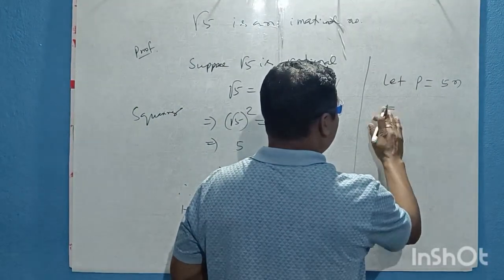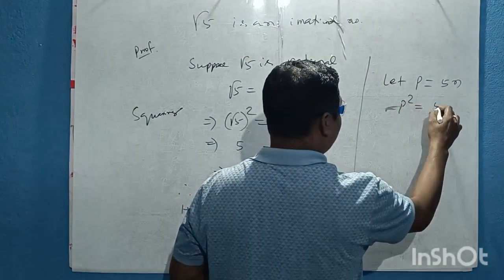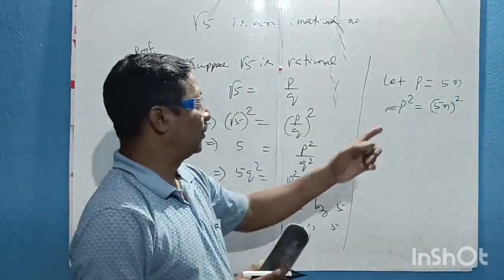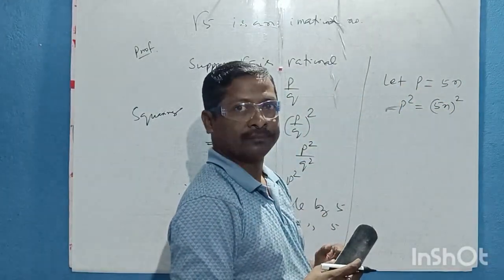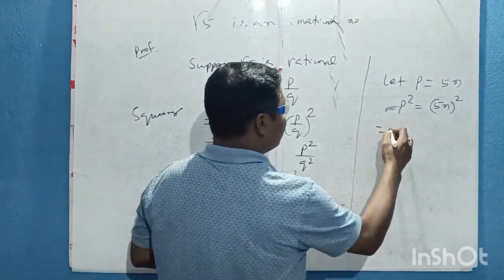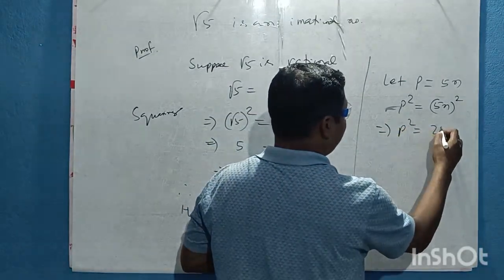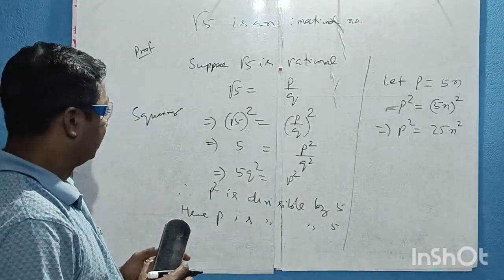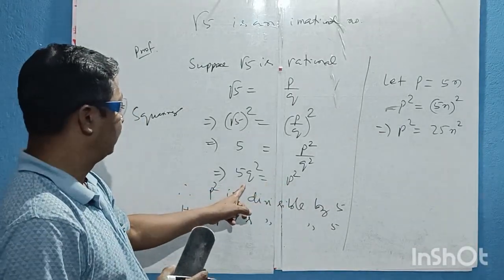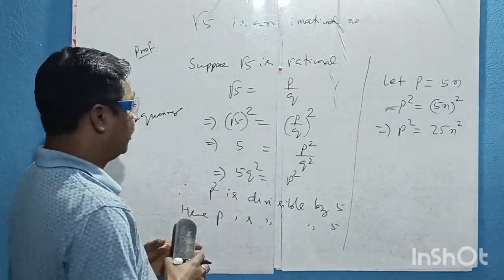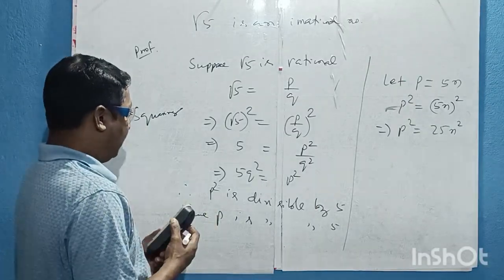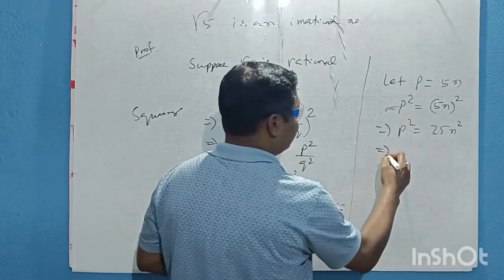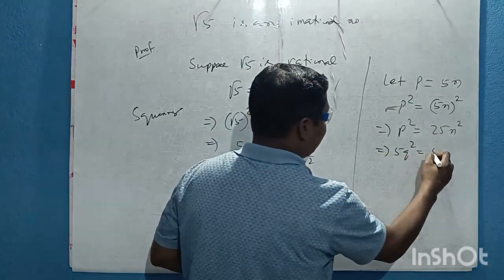So p square will be how much? 5n whole square. Square of this one is square of this one. That means p square equal to 25n square. P square is also 5q square. So put the value of p square: 5q square equal to 25n square.